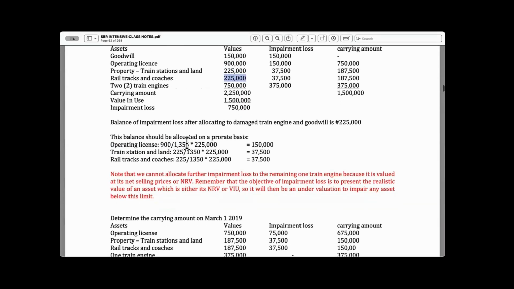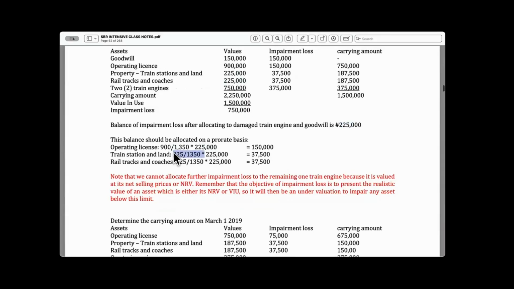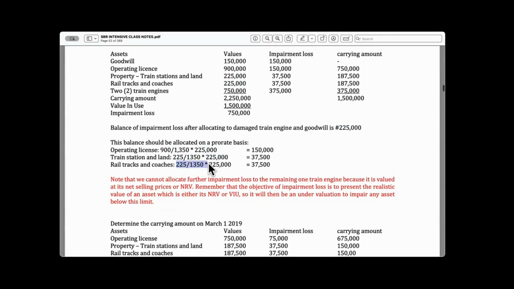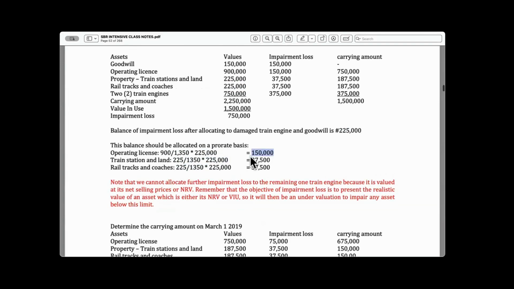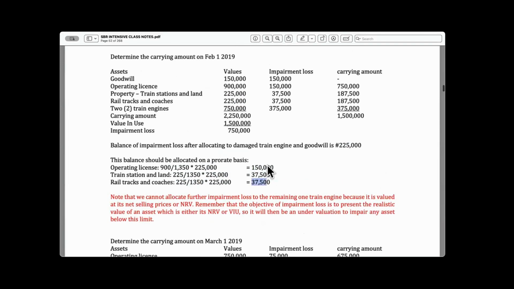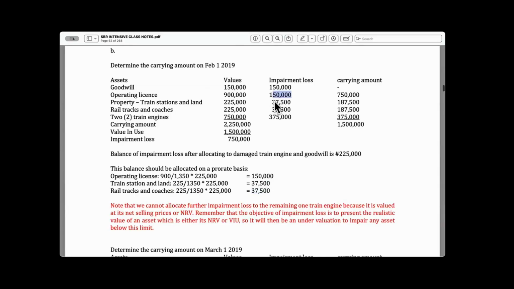That's 900 over 1350 times 225, the balance of the impairment loss. I did that for the train station as well, 225 over 1350 times 225, and for the rail track. So I got these impairment losses and I put them on this schedule.